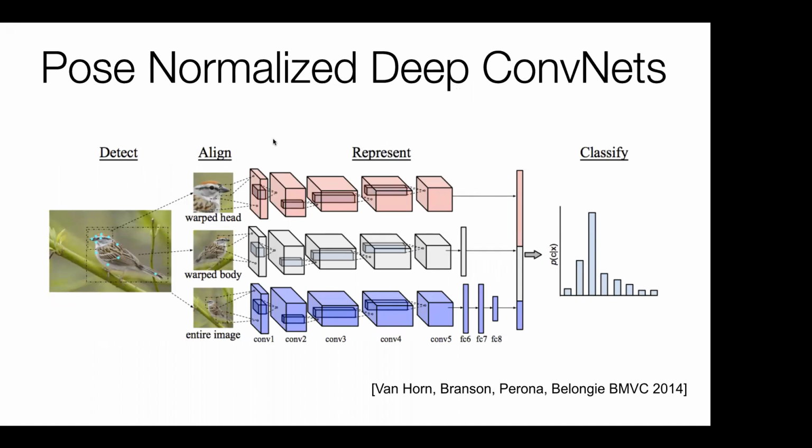Before we were truly willing to let go of the antediluvian thinking, we tried a kind of hybrid method that found different parts of the bird based on key point detectors and warped them to some kind of normalized representation, and then ran those through independent convnets and then a final classifier. And for a few months, that was actually the top performing algorithm on CUB-200.